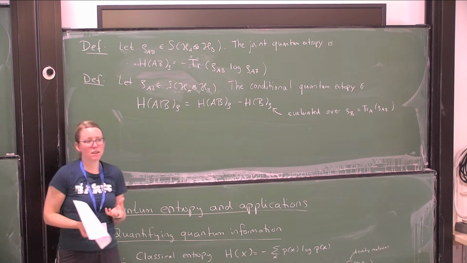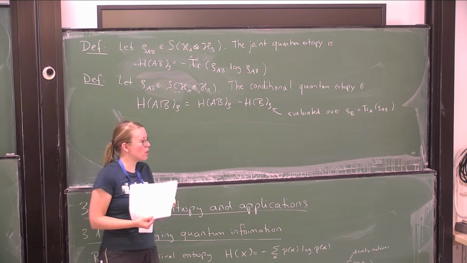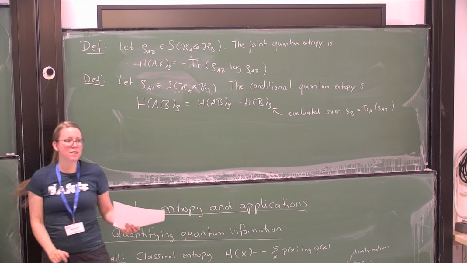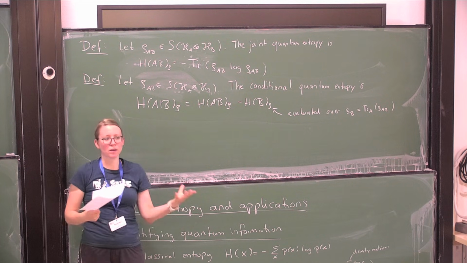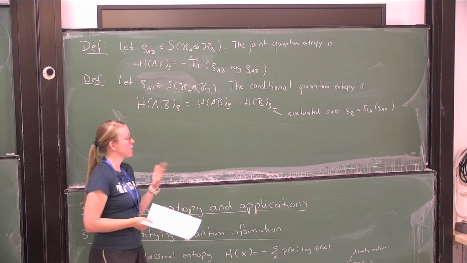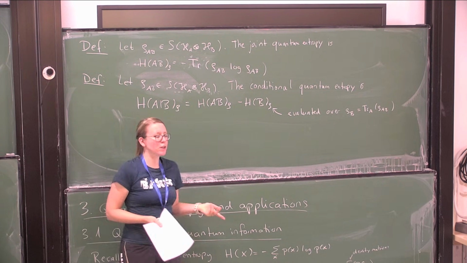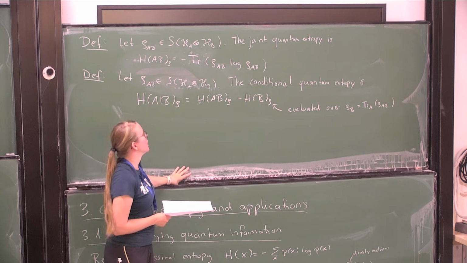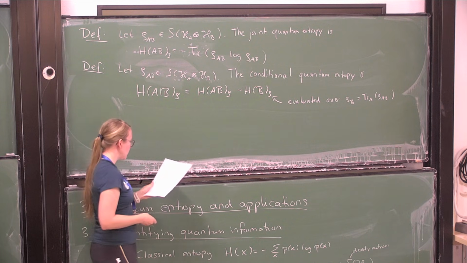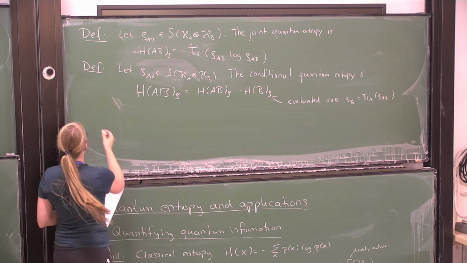And it makes sense that entropies are positive because they quantify our knowledge about something. Or the way I phrased it here, they quantify how insecure we are about something, which means if the entropy is 0, then we know everything. If the entropy is positive, then there's still something we don't know about this quantum system. So negative entropies don't really make any sense, neither in the classical nor the quantum case. So let's investigate what numbers come out.